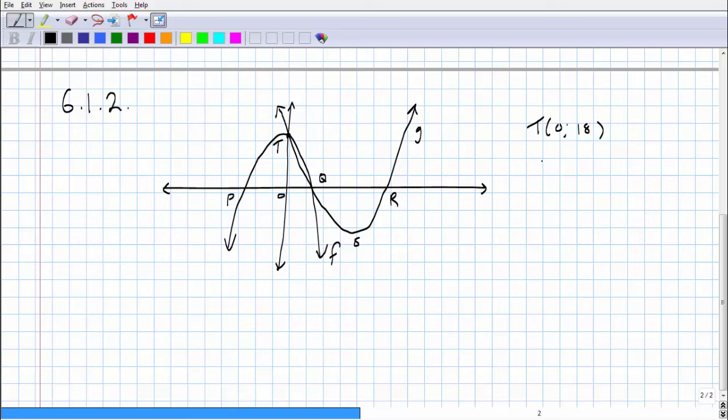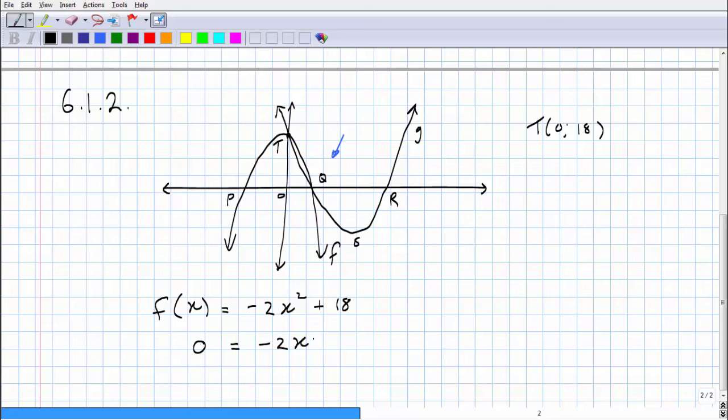And then it says determine the coordinates of Q. That's this guy over there. And Q is the intercept of both those graphs, but you also notice that Q is one of the x-intercepts of f. So we know that if we want to find the x-intercept of a parabola, of any graph really, we write down the formula, negative 2x squared plus 18, and for the x-intercept, y is 0.